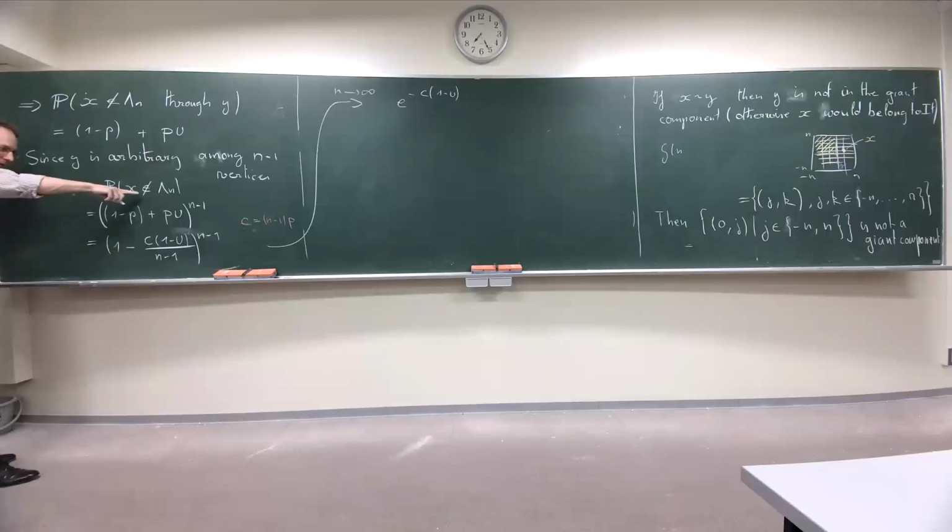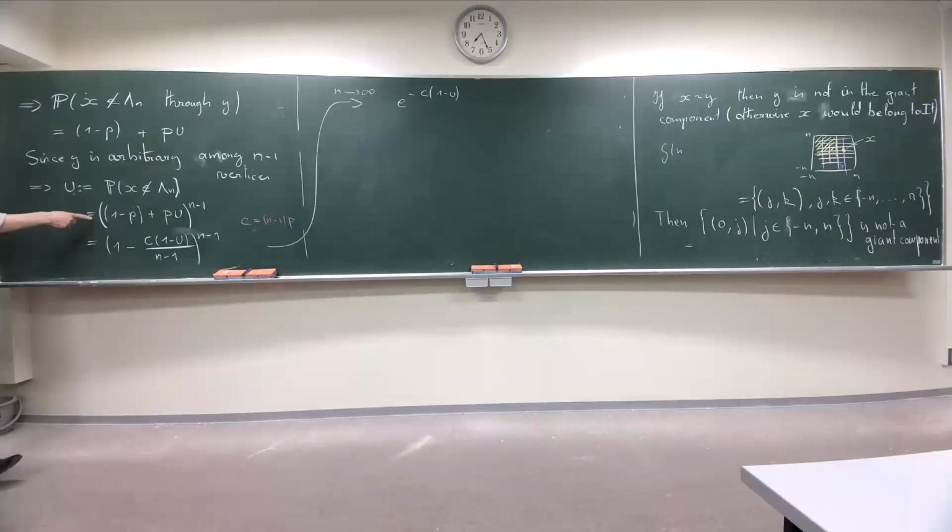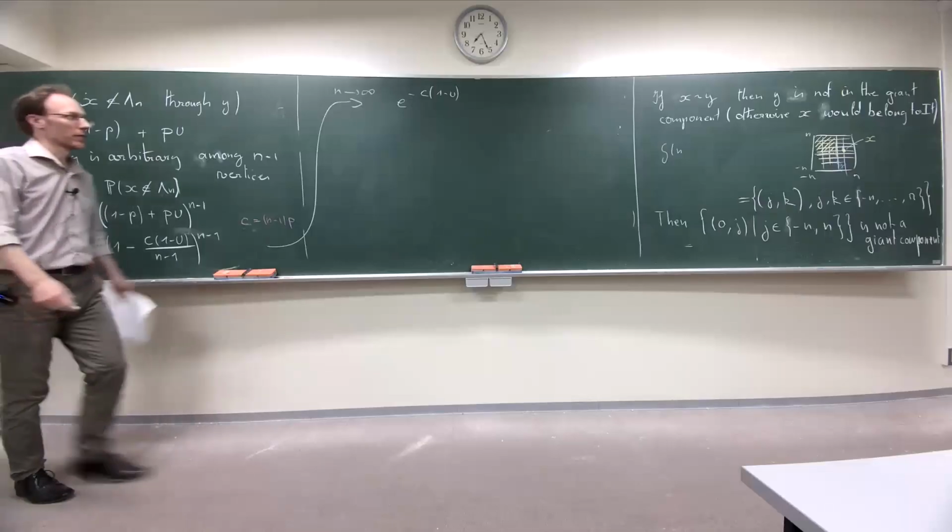No, because this is by definition, and now I take the fact, if this is a parenthesis, or you write it through Y for all Y, and then you get the next line.